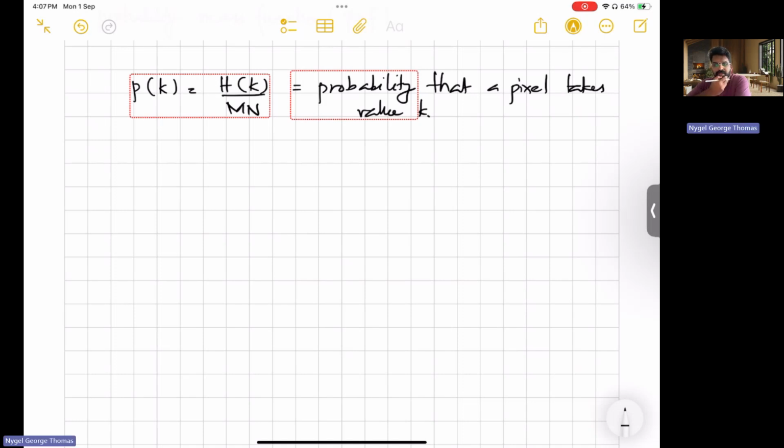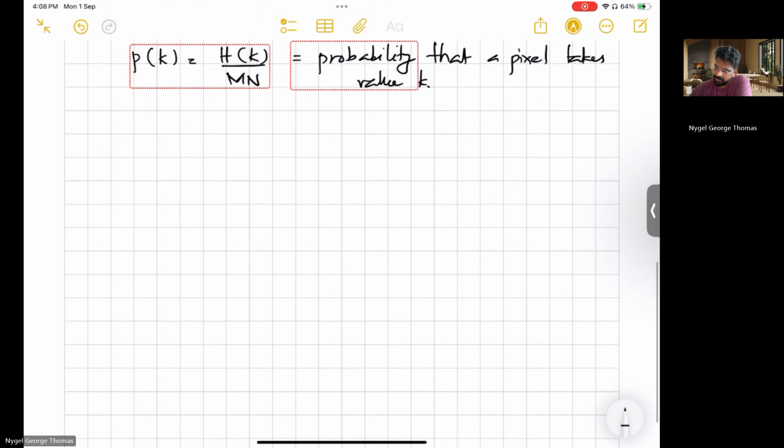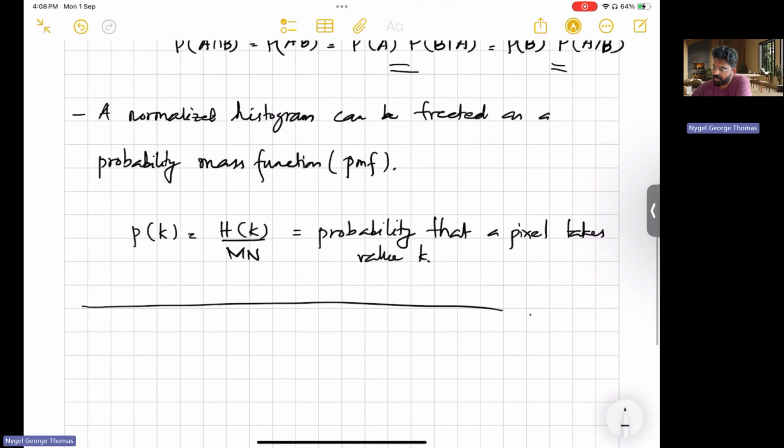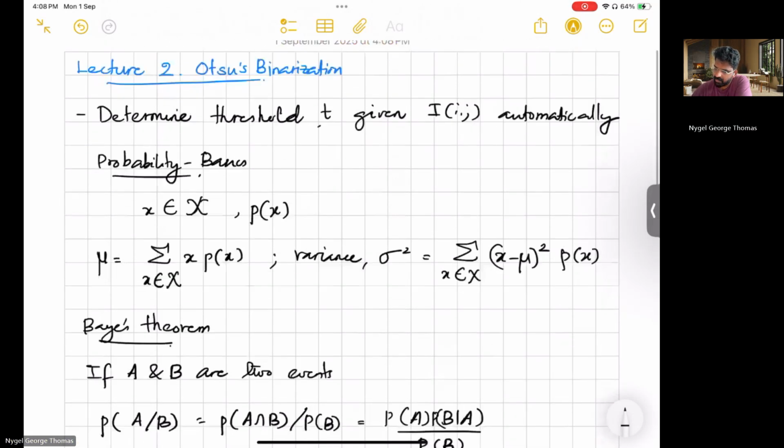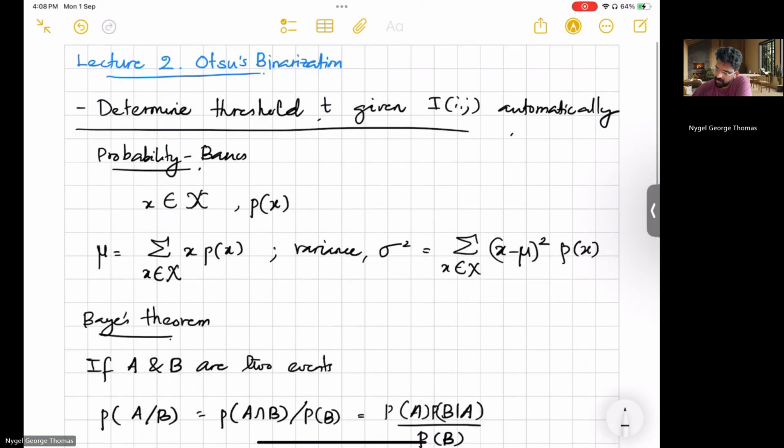Okay, now let's move to Otsu binarization. These are the fundamentals, okay? Probability and Bayes theory.